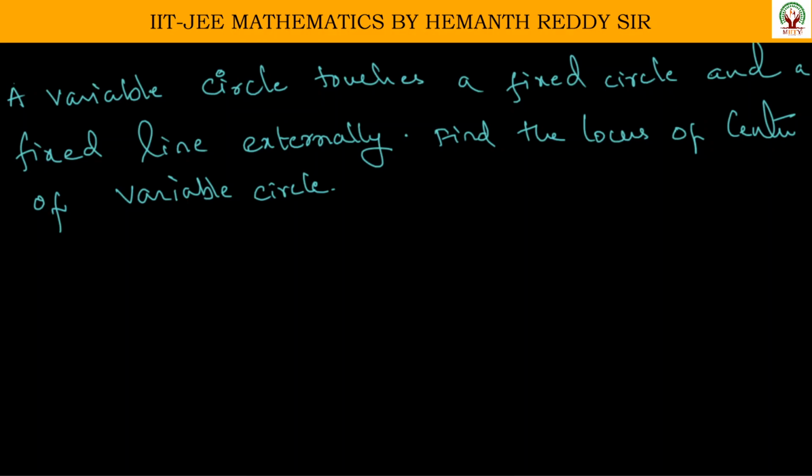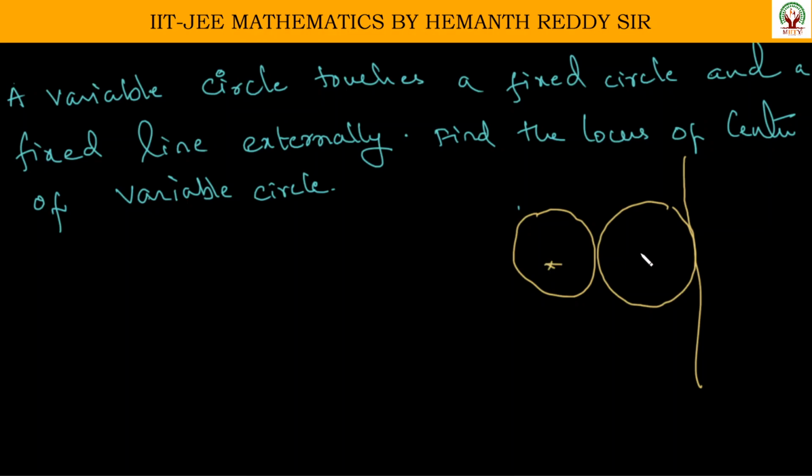So I'll draw the diagram, because there are so many methods and techniques to learn in this chapter. This is the fixed circle, this is the variable circle, and this is the fixed line.